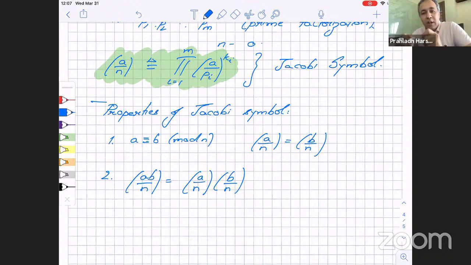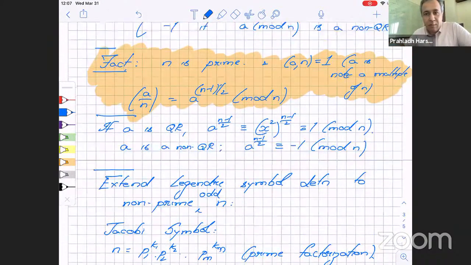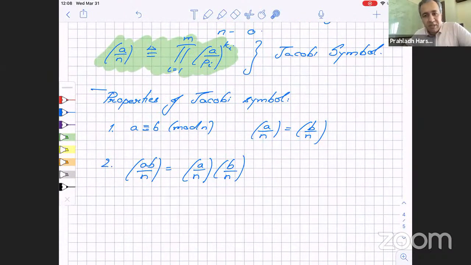If you multiply two quadratic residues, you get a quadratic residue. If you multiply a quadratic residue and a non-quadratic residue, you get a non-quadratic residue. If you multiply two non-quadratic residues, you get a quadratic residue. All that follows from this fact. So the Legendre symbol satisfies this property, and therefore the Jacobi symbol will just inherit it from the Legendre symbol. Then 3, the same thing happens in the denominator, A by MN.